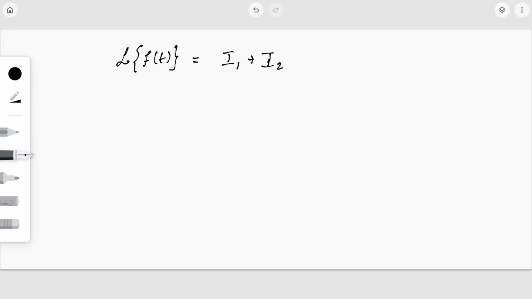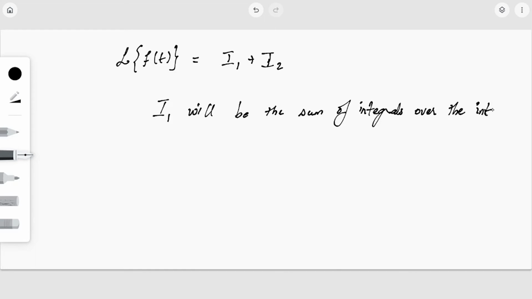So there might be, we can find some intervals in which this I1 will exist. It will be the sum of the integrals over the intervals on which the function e raised to minus st into f of t is continuous.